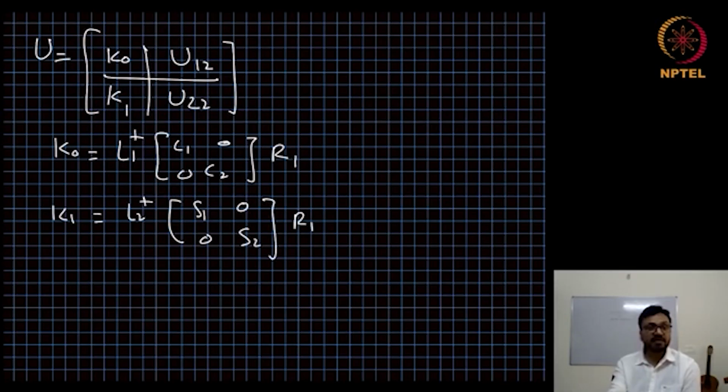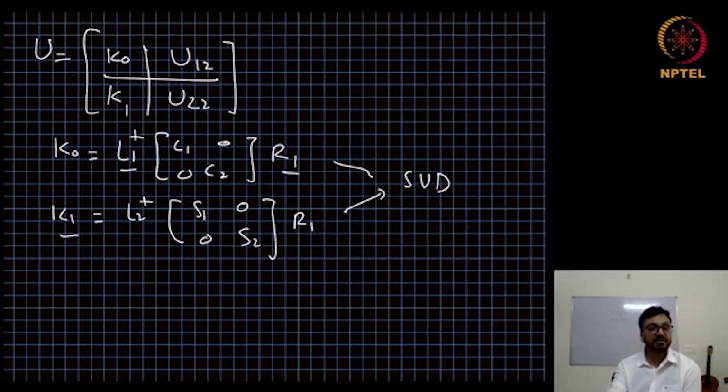So K0 and K1 are given to us. L1 and R1 are unitary matrices, L2 and R2 are unitary matrices, and there is a diagonal matrix. So this automatically becomes the singular value decomposition of matrices K0 and K1. For a given K0, K1, we can always find L1, R1, and C1, C2.